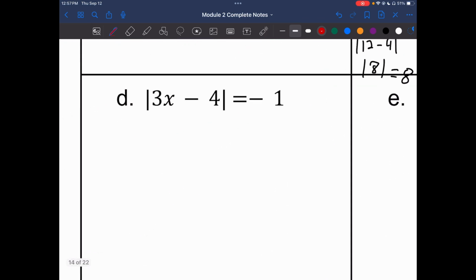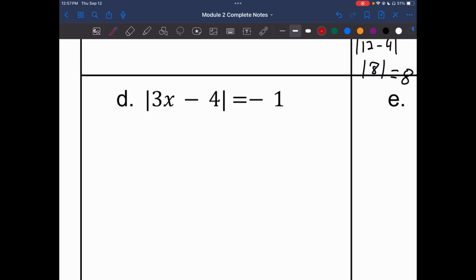Now, letter D. We have the absolute value of 3x minus 4 is equal to negative 1. Now, your instinct might be to say, okay, well, one's negative, one's positive. But I want you to ask yourself, what is the definition of an absolute value again? It is the positive magnitude of any given number.